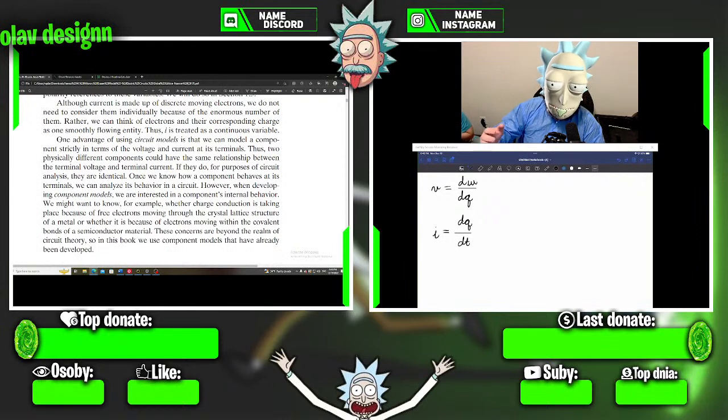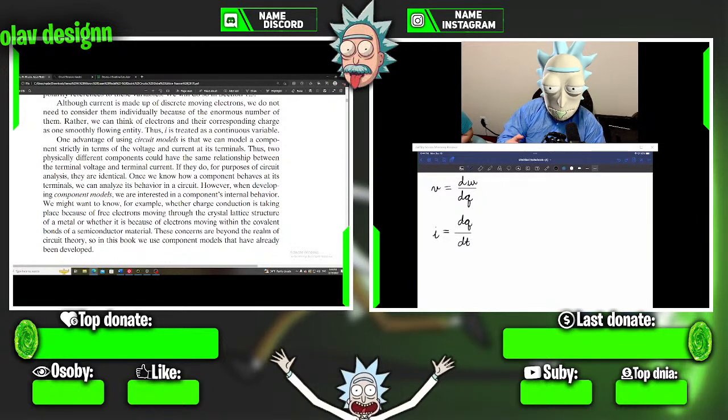One advantage of using circuit models is that we can model a component strictly in terms of the voltage and current at its terminals. Two physically different components can have the same relationship between the terminal voltage and terminal current. If they do, for purposes of circuit analysis, they are identical.